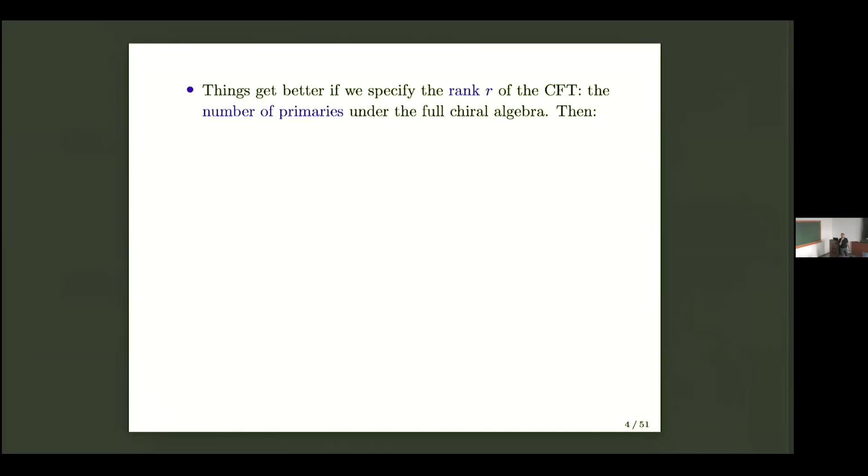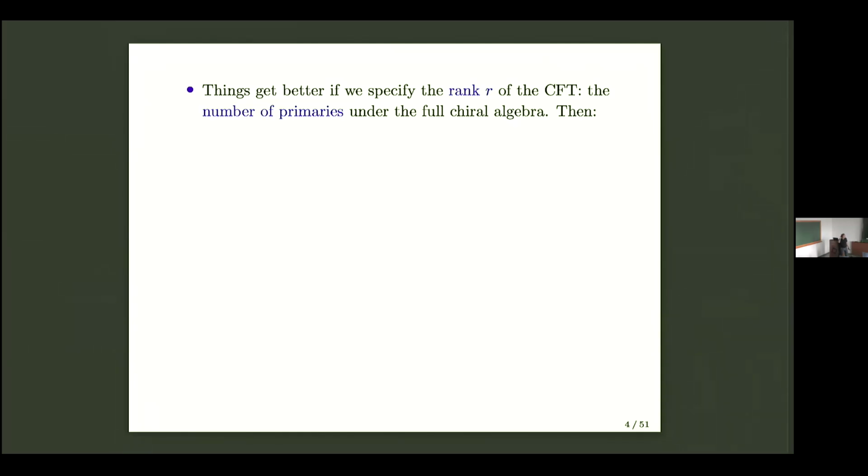So you need 3-point functions and also a 1-point function on the torus. The statement is that given a set of 3-point functions, to check whether it's a consistent CFT, you need the modular invariance of the 1-point function on the torus and crossing symmetry of the 4-point function. That's correct.